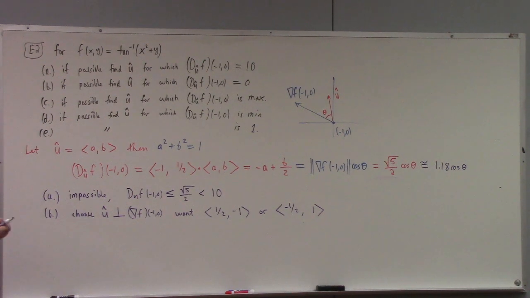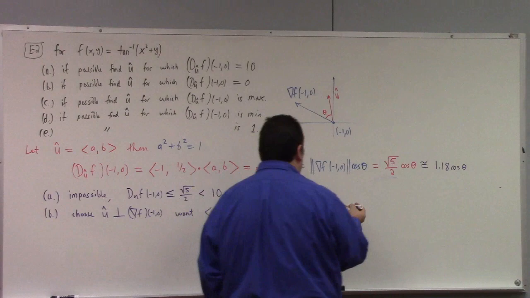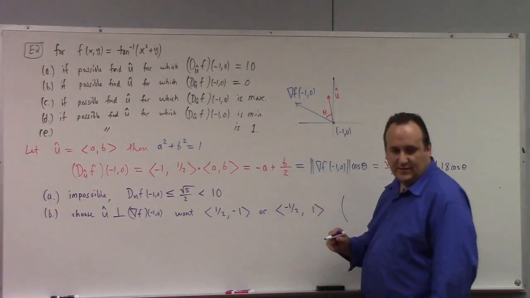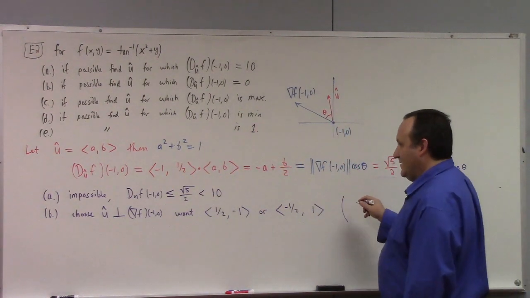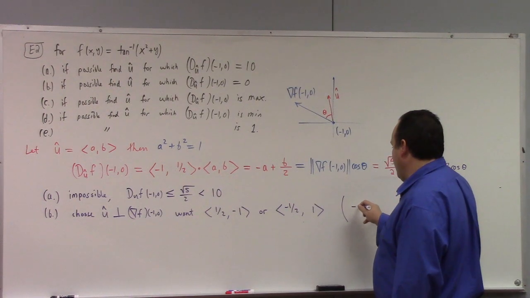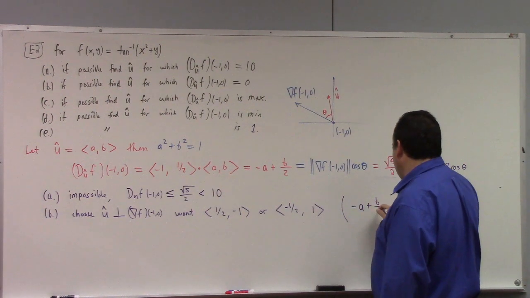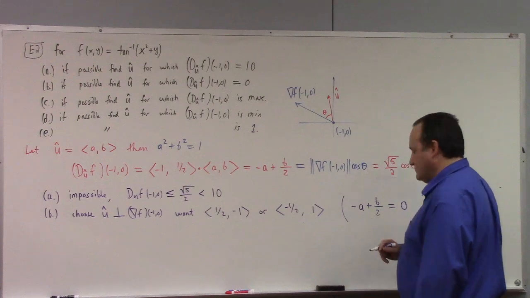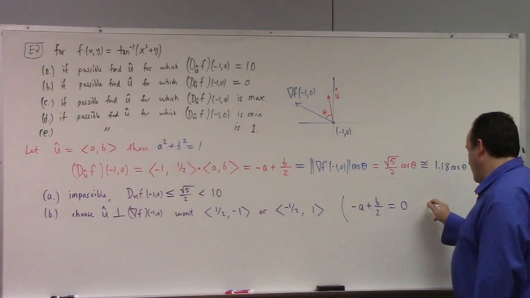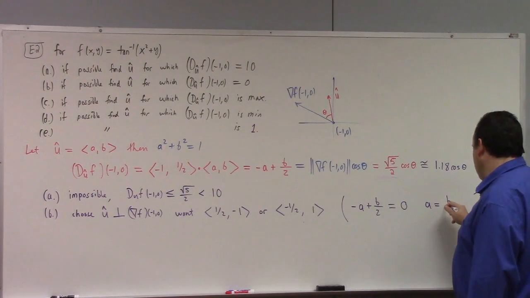Now, if you don't like this, this is just a trick. If you want to do algebra, this would be Emily's solution. She'd say, well, I want -a + b/2 = 0. Therefore a = b/2.